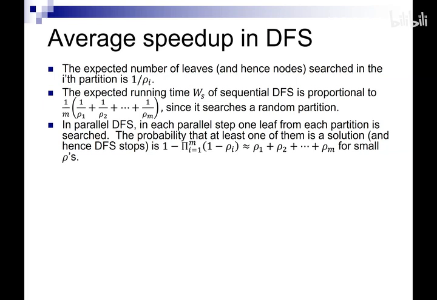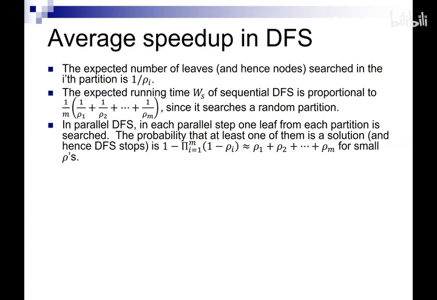What is the probability of that? It's this expression over here, because we're assuming all these leaves are independent. The probability that the leaf in the ith partition is not a solution is 1 minus rho i, so the probability that all of these leaves are not solutions is the product of all of these 1 minus rho i's. And the probability that at least one of them is a solution is 1 minus this probability.